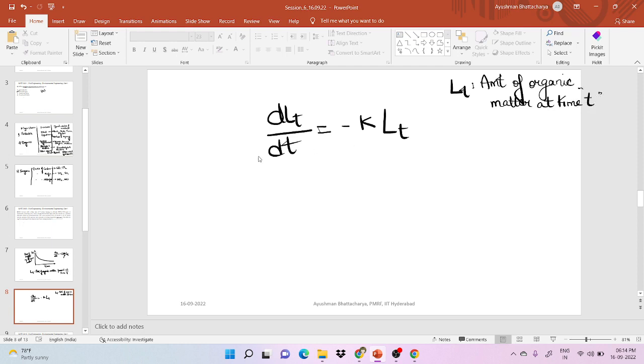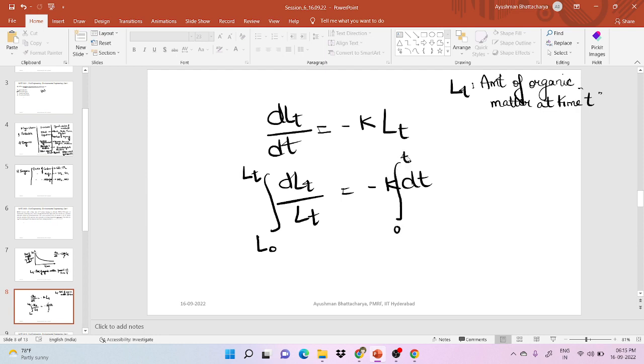At time t. Now if we solve this equation, dL/dt by Lt is equal to minus k dt. So Lt I send to the denominator, and dt I have kept here. We integrate from L naught, because that is the initial organic matter, and Lt is organic matter at time t, with integration from 0 to t.